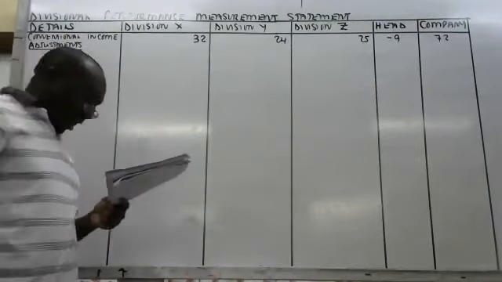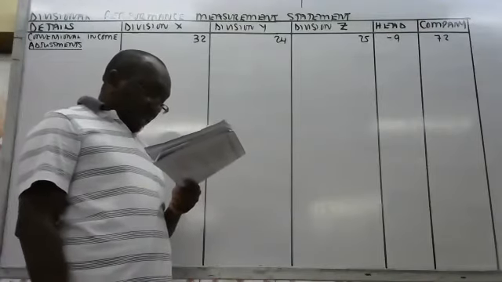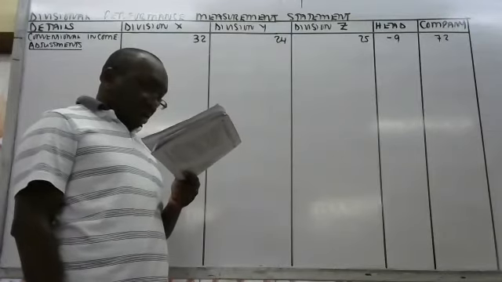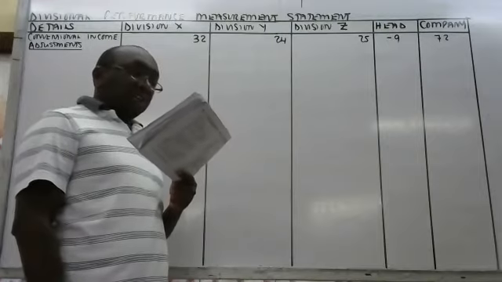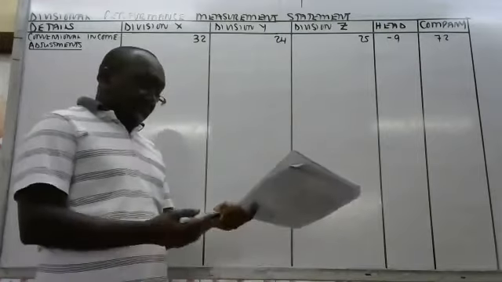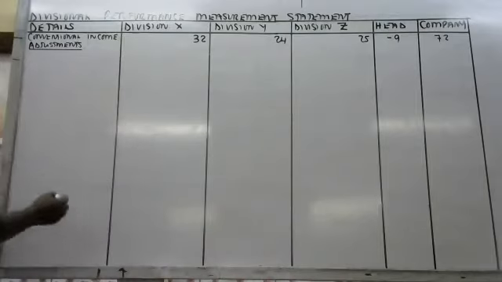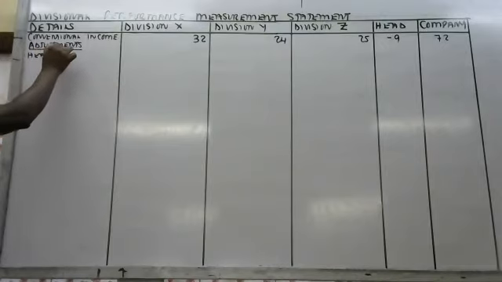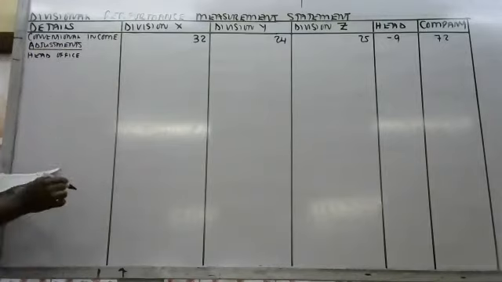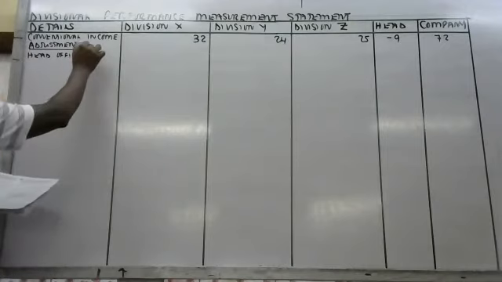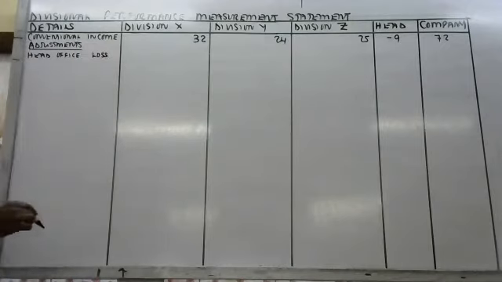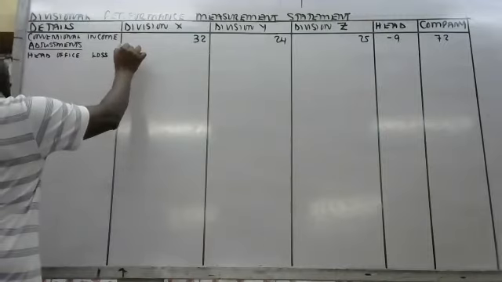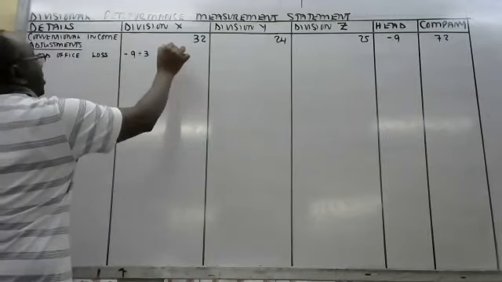And according to information 1, you can see the head office liabilities and net assets are to be shared equally between all the divisions. So that also includes the profit and loss. So the head office loss, because it is being shared equally, it will be minus 9 divided by 3.